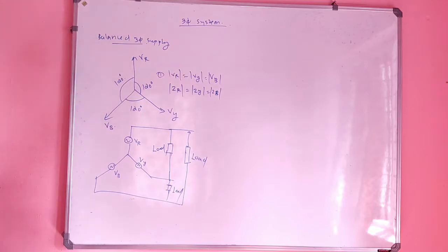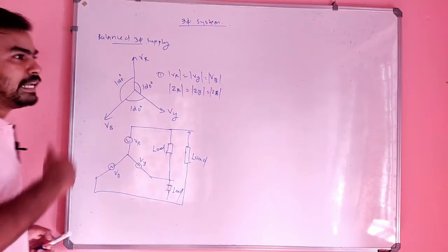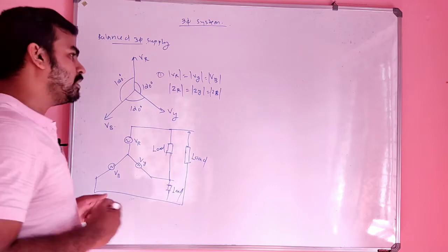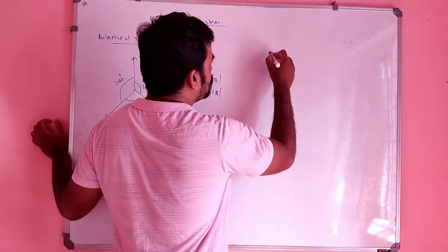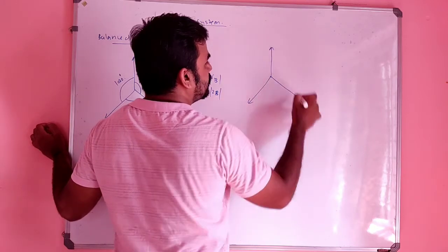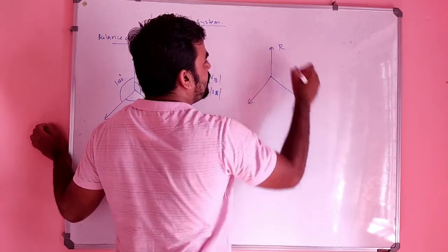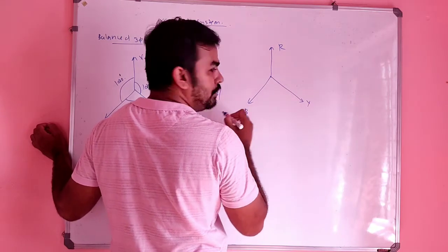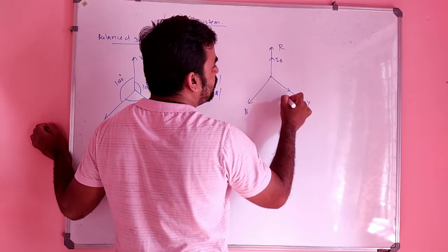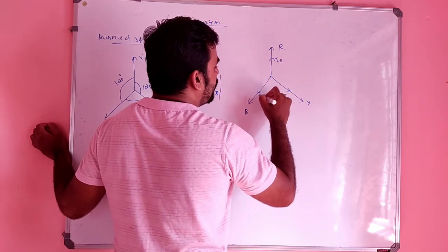And also, if there are voltages, of course there will be currents. The current waveform also follows this pattern. There will be the R phase, the Y phase and the B phase. The current waveform will also have IR, IY and IB.